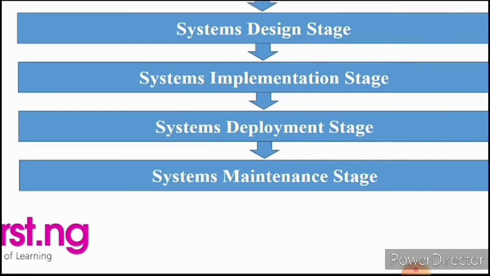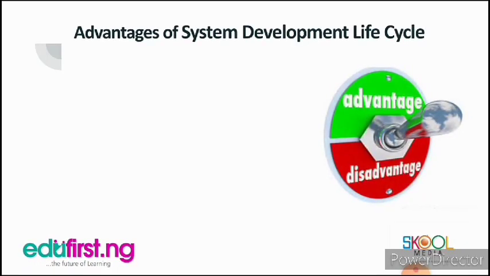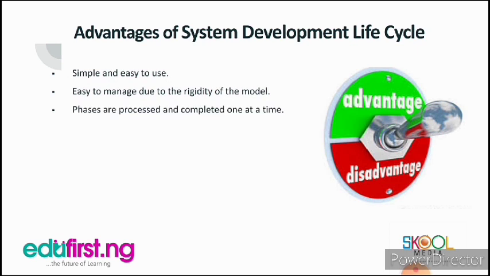Now, let us look at the advantages of system development life cycle. Advantages of system development life cycle are: first, it is simple and easy to use. 2, it is easy to manage due to the rigidity of the model. 3, phases are processed and completed one at a time.